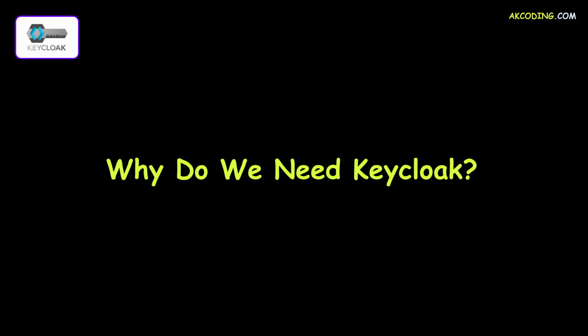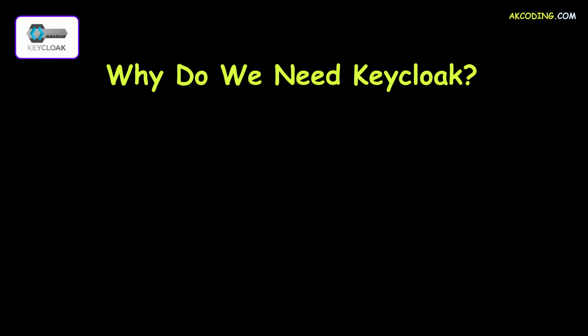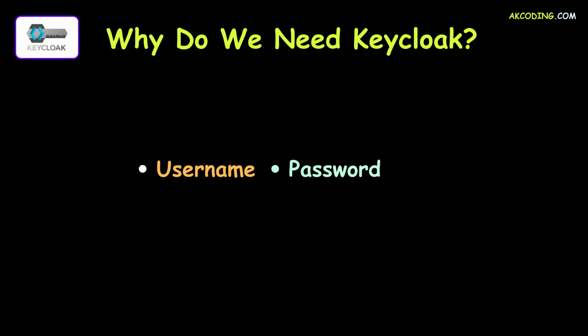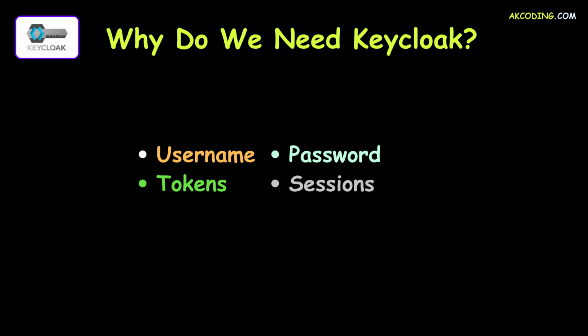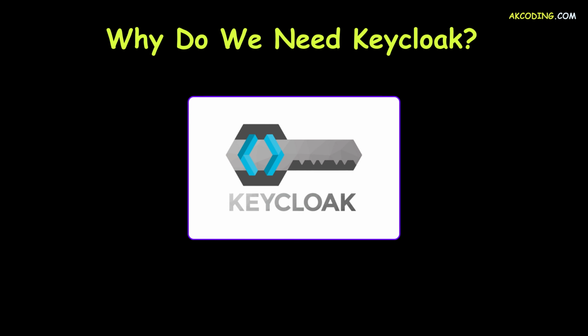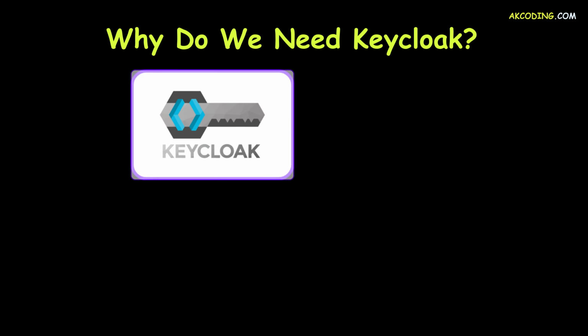Why do we need Keycloak? Before Keycloak, every app had its own login logic like username, password, tokens, and sessions, which means a lot of duplicate code and a lot of security risks. With Keycloak, you just delegate authentication to one centralized system.